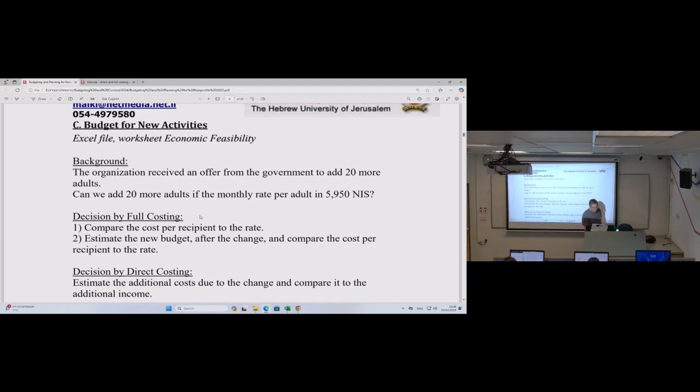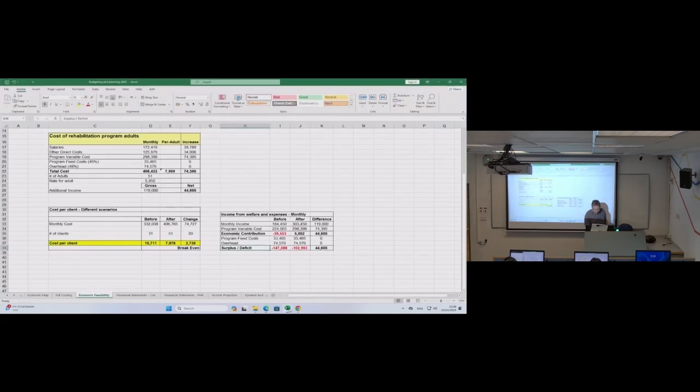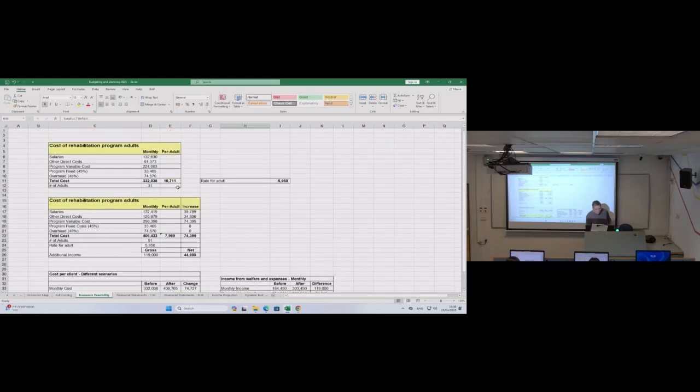Now, in order to see what the organization did and what the dilemma is, we go to our Excel file, to a worksheet which is called economic feasibility. Okay, you see economic feasibility, and here we see how the decision process worked and what we can learn from that. So the first stage is that the CFO of this organization decided to calculate the cost of each adult client.